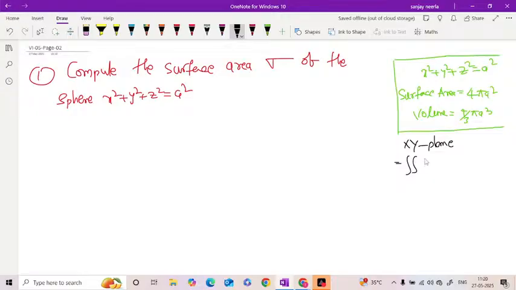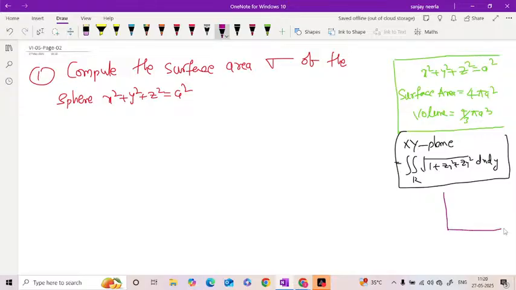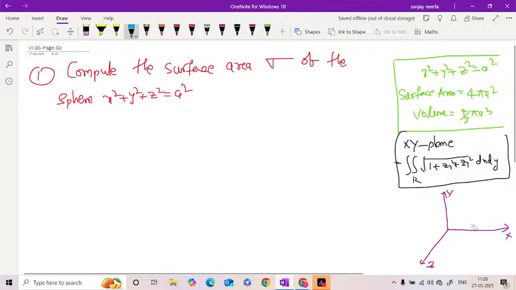Double integral under root of 1 plus zx whole square plus zy whole square into dx into dy. So this is the xy plane. Assume these are the x axis, y axis and z axis, and assume this is our sphere.